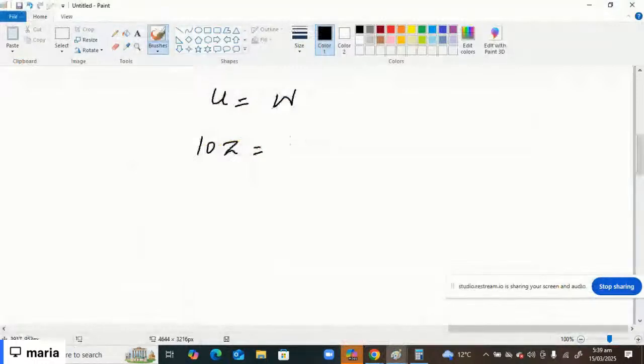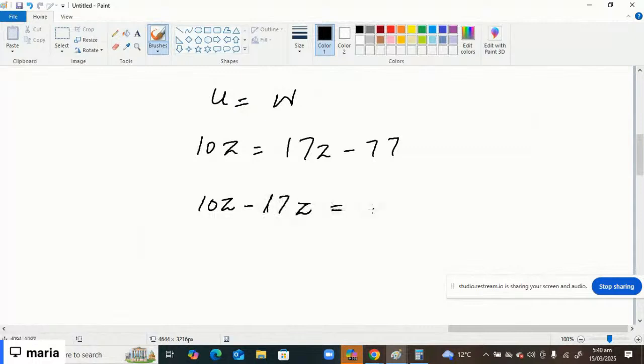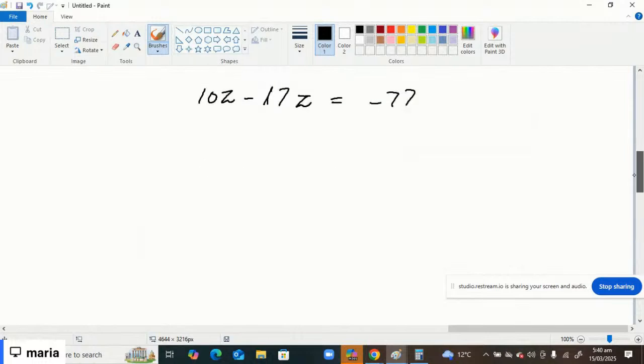Now 10Z is on the same side, minus 17Z, which is equal to minus 77. So now what? So 10Z minus 17Z, the answer is minus 7Z. Okay. And here is minus 77.